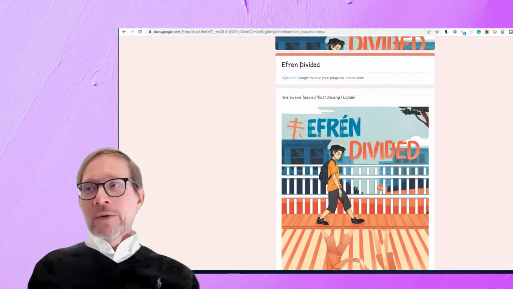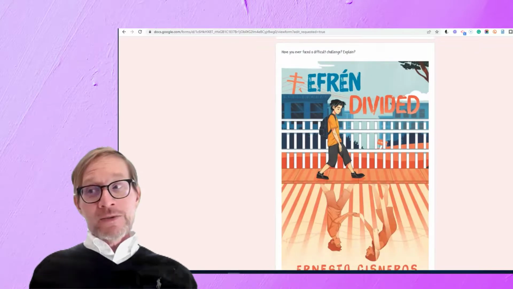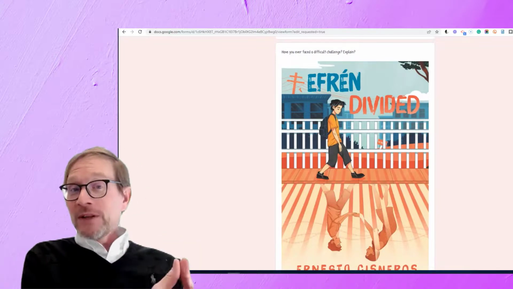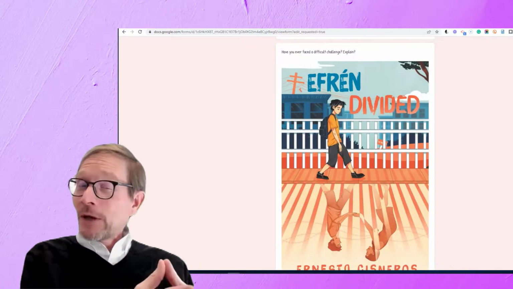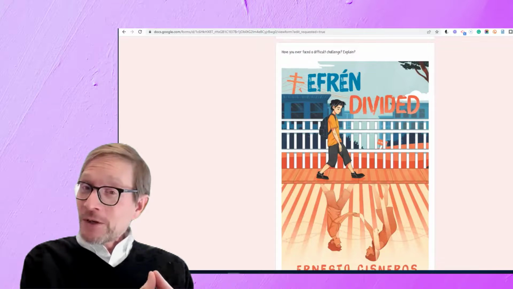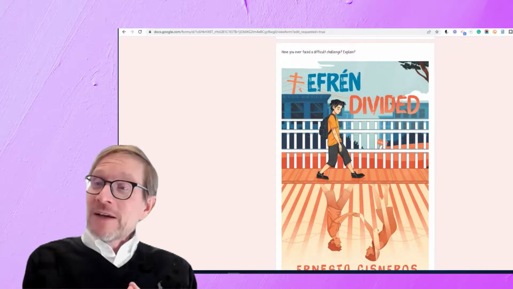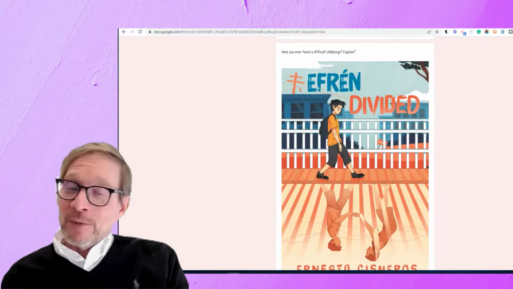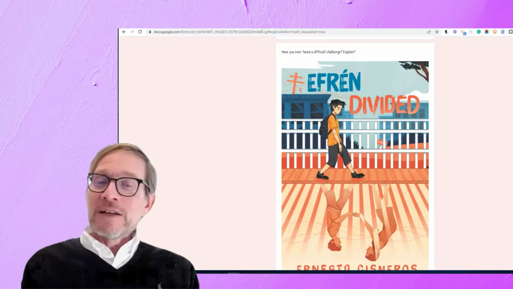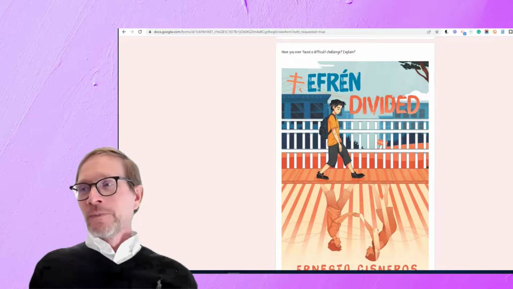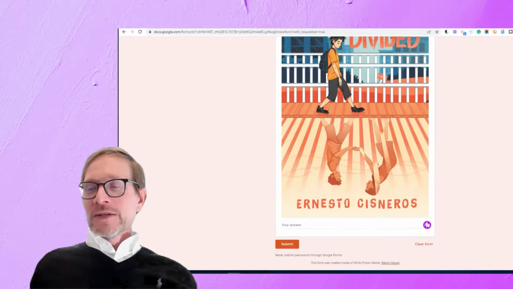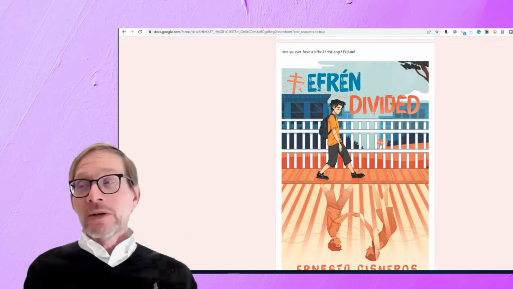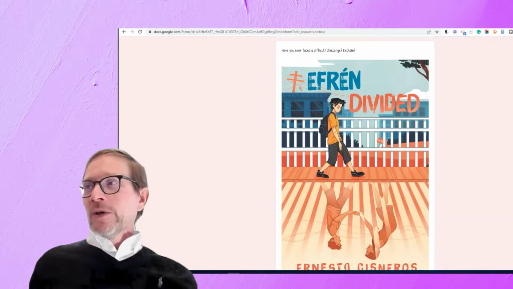We're making that connection, and this could work before reading this book, saying, we're getting ready to read this book where there's going to be a challenge, or we could ask it during the book or even after the book: have you faced this challenge before? Students could put their own answer, or it could be a discussion that we do.